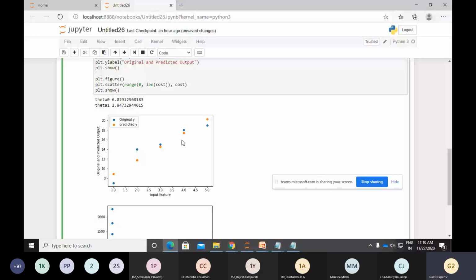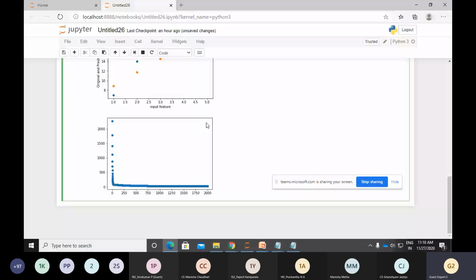Here I have also plotted the cost function. When theta 0 and theta 1 are 0, the cost is very large. After each of the 2000 iterations, you can see that the value of cost is reduced, and after the 750th iteration, the value of cost is constant.